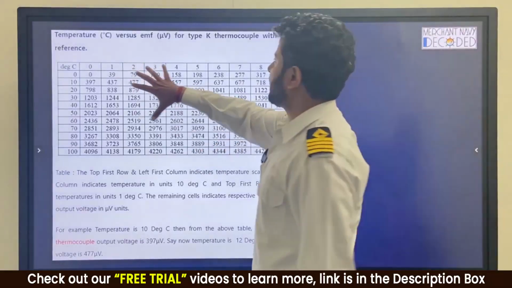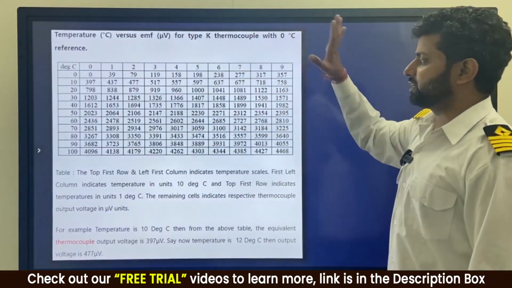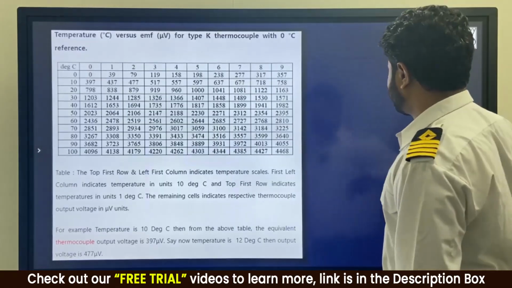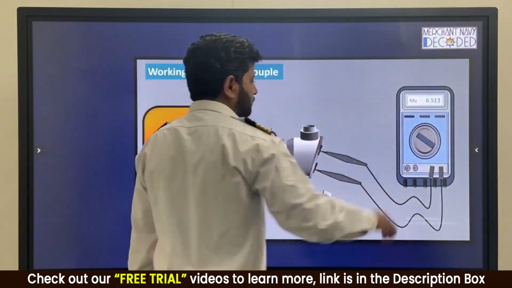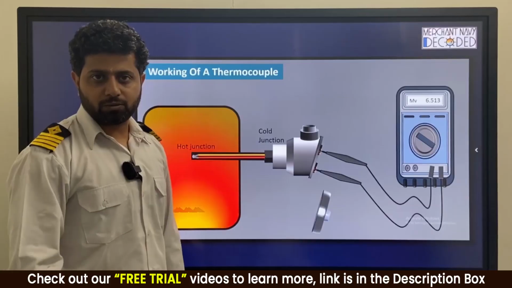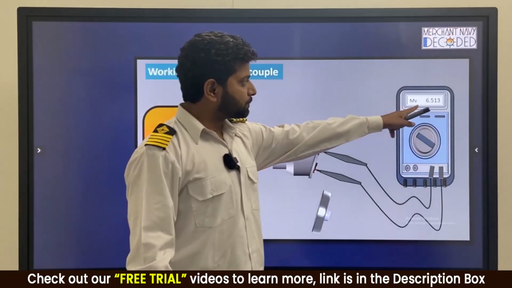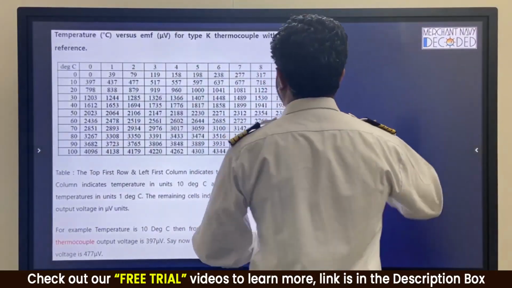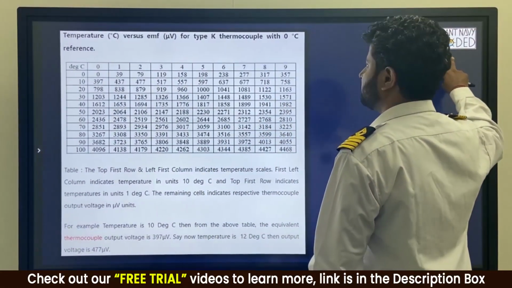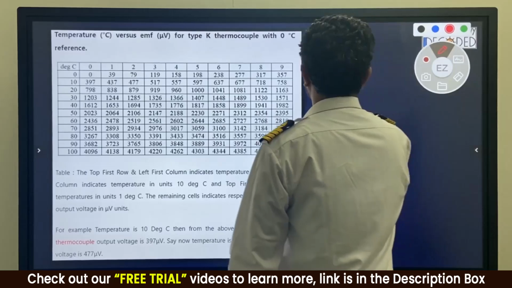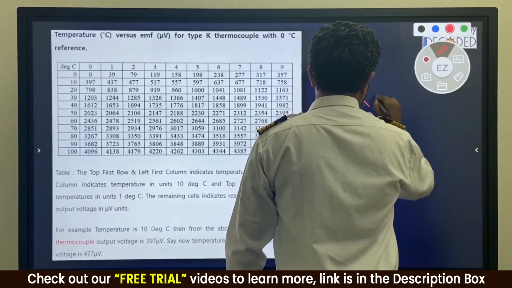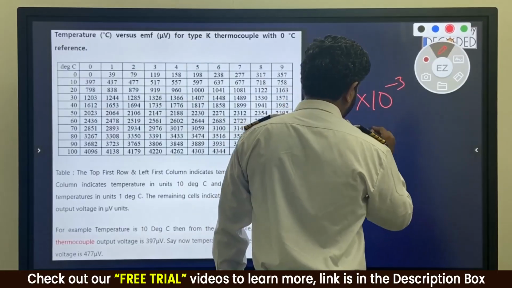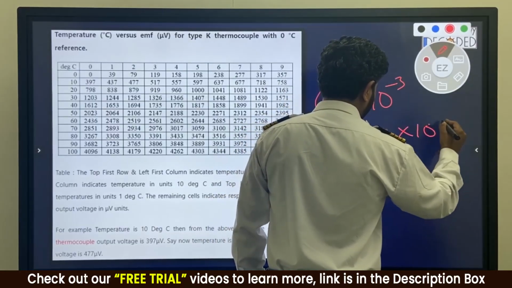So now this is a chart for a type K thermocouple with 0 degree centigrade. Out here, suppose somebody asks me, the value is 6.5 millivolts. So how much is the temperature there? 6.5 millivolt means 6.5 into 10 to the power minus 3, means 6.5 into 1000 into 10 to the power minus 6.